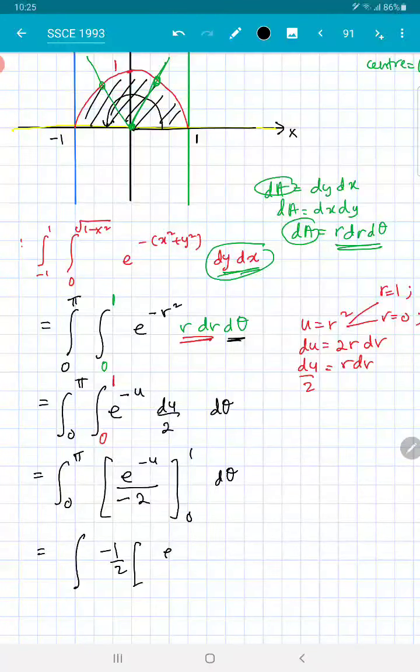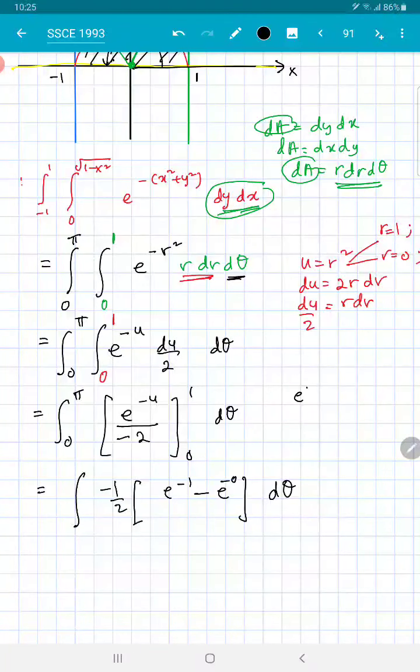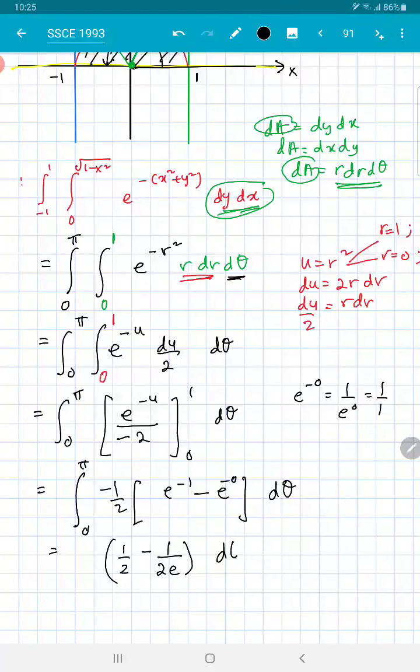So we have e to the negative 1 minus e to the negative 0, which is really 1, because e to the negative 0 is 1 over e to the power of 0, which is 1 over 1, which is 1. So we can write this down as a half minus 1 over 2e, or you can write e to the power of negative 1. So this is a constant.